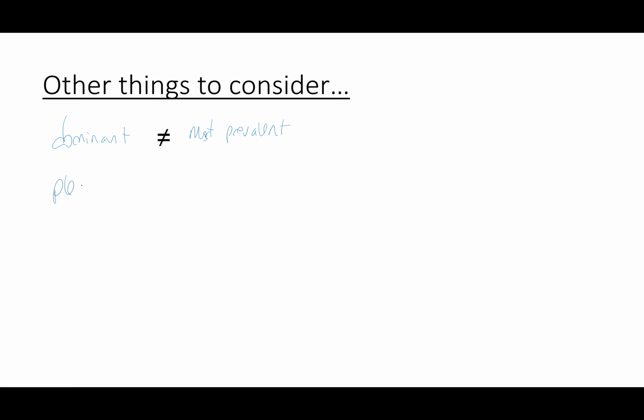A second idea that we need to talk about, not have to in a bad way, is pleiotropy. So this is the idea that when we talk about a trait, one gene can have multiple effects on the phenotype.